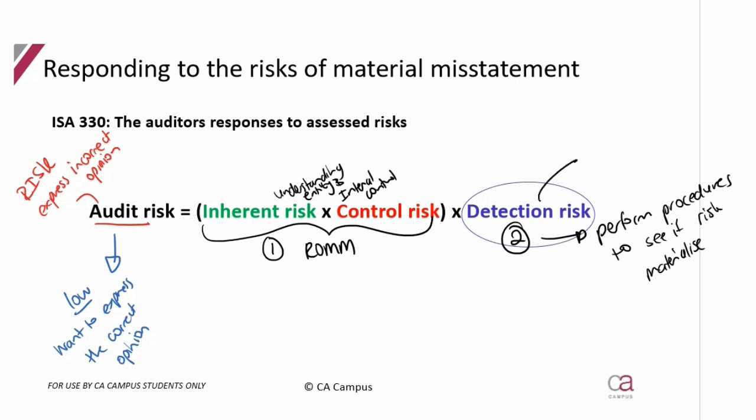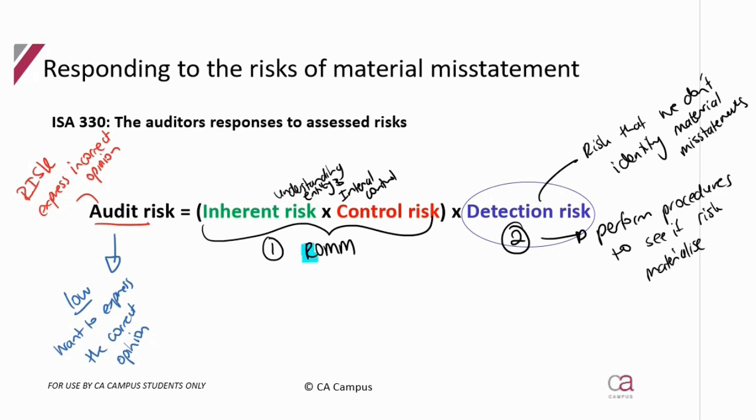This is the risk here that we don't identify material misstatements. How would that happen? That would only happen if we didn't identify the risk up front.